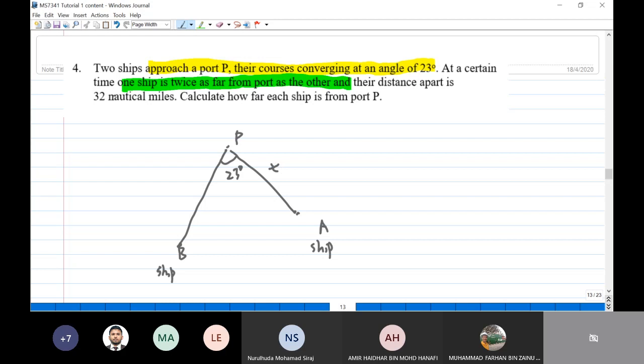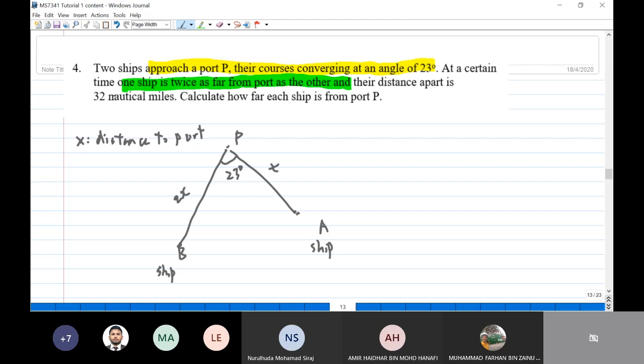Then the other one is 2 times, right? Let's say B is 2x here. Okay, so x is the distance. We're not sure of that distance to the port. Okay, distance to port here.